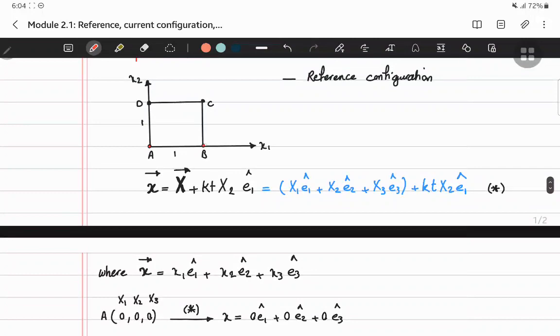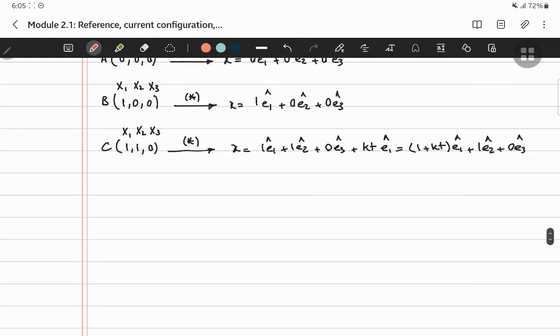So this is somehow deviating with the value of kt in this direction. And this is C in the current configuration. Let's go for D.